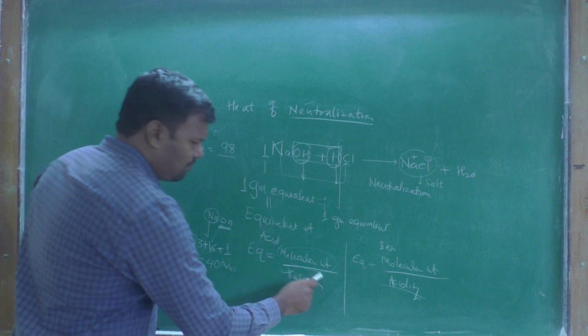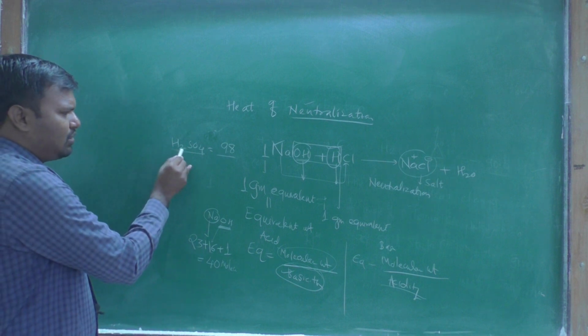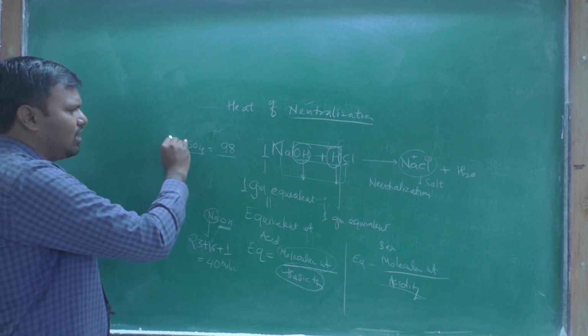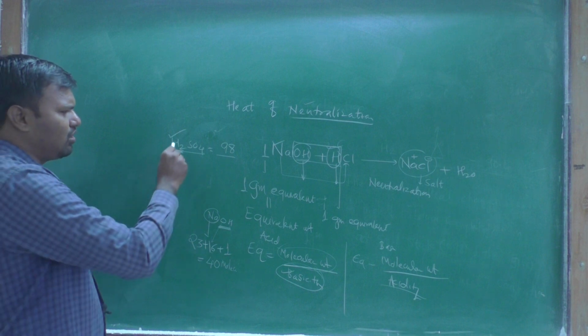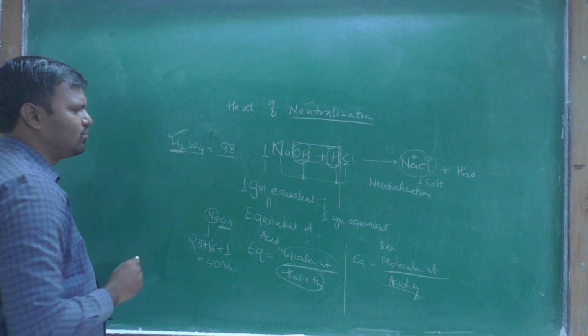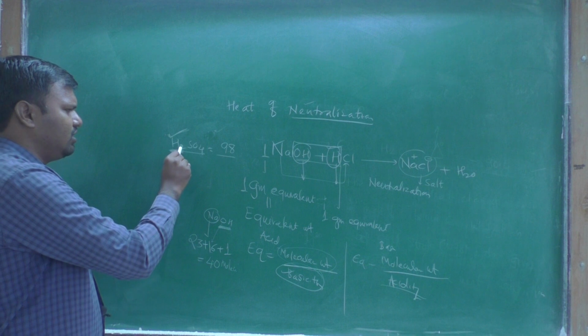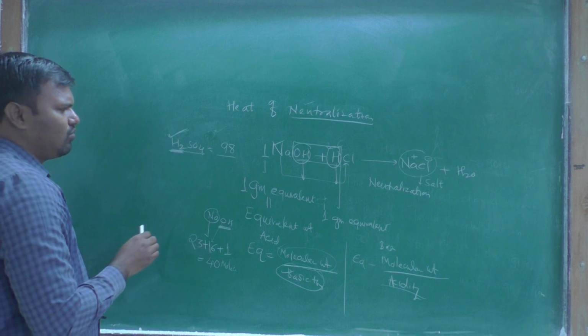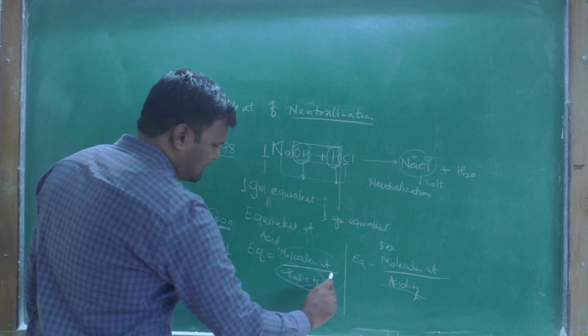What is its basicity? Basicity of H2SO4 is the total number of hydrogen. Total number of hydrogen in acid is nothing but your basicity.